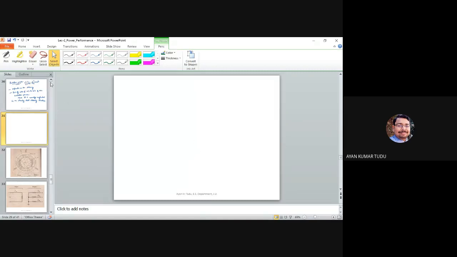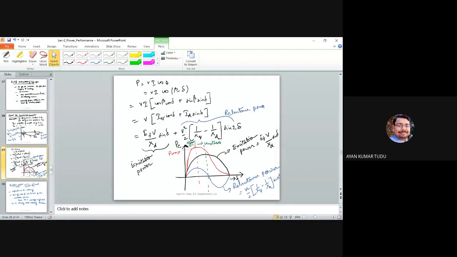So how can we say that it is more stiff? It is more stiff in the sense that the delta is not allowed to move freely. But it is inherently more stable than the cylindrical rotor synchronous generator, because the maximum value, Pmax, is quite high compared to the excitation power.